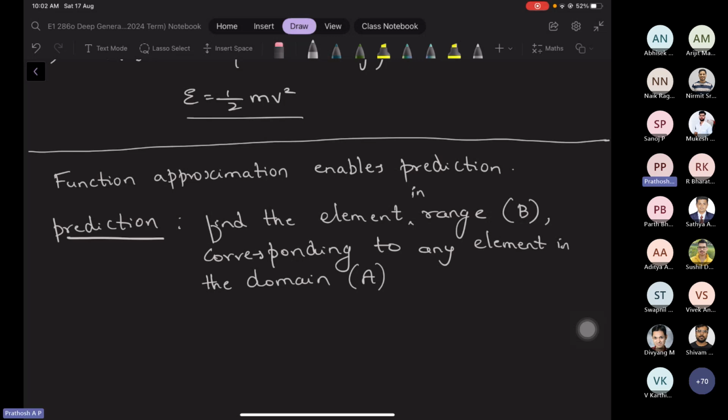Okay. See, that's a definition. People use different terminology for different things. I am using this word prediction, and whenever I use a term, I define what it is. To me, prediction here is simply finding an element in the range corresponding to any element in the domain. In fact, even in statistics and probability theory, when we talk of prediction, we are actually evaluating a particular function at a point. I will talk about it in a while.